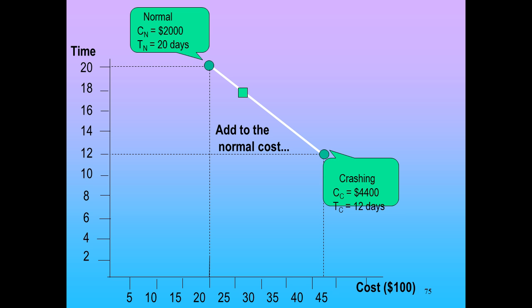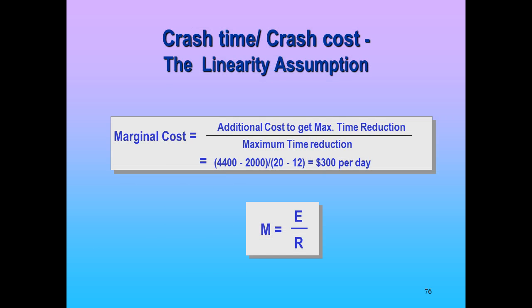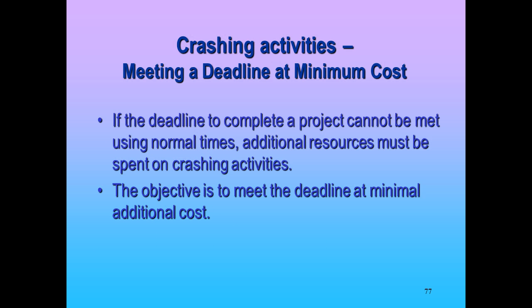The other thing we want to do, once we decide to crash something, is we can look at it two ways. This comes down to the way we think linear program-wise. The first way is to say we have to meet a deadline.